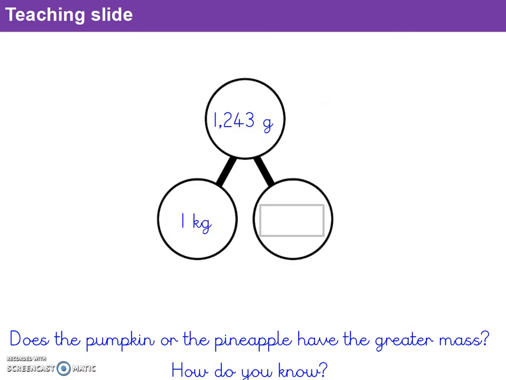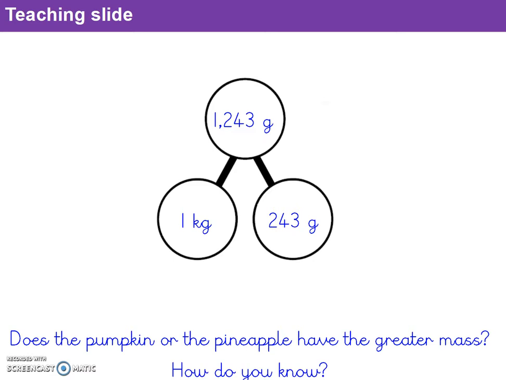So we now know that from our 1,243 grams, if we use our part-whole model, part of that is 1 kilogram, which is going to leave us with the remaining amount, which is 243 grams. So now we know that the pineapple weighs 1,243 grams, or 1 kilogram, 243 grams.